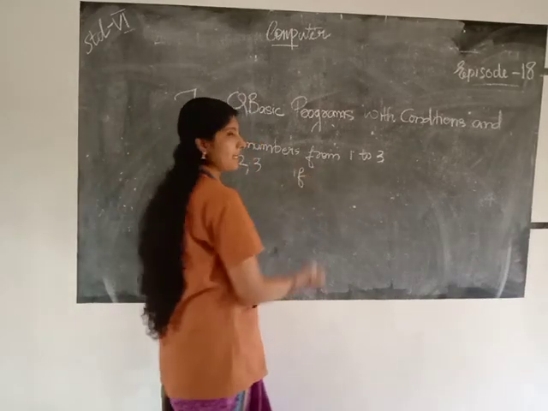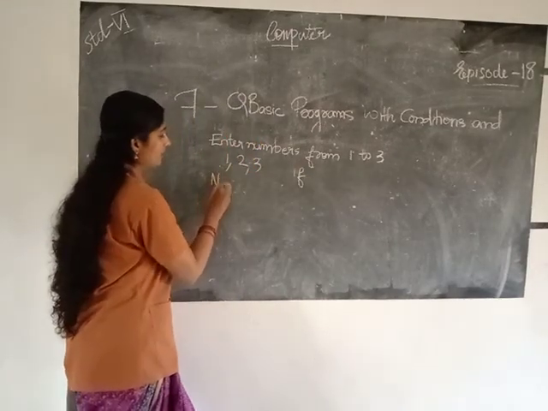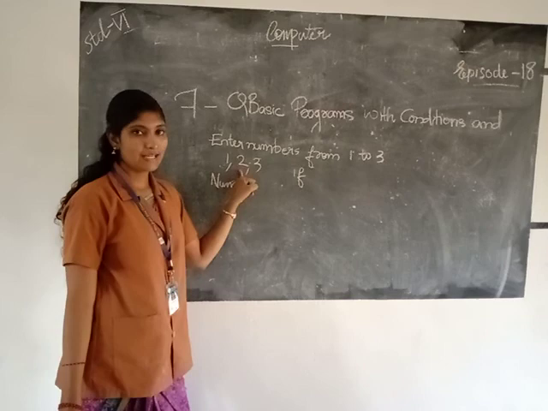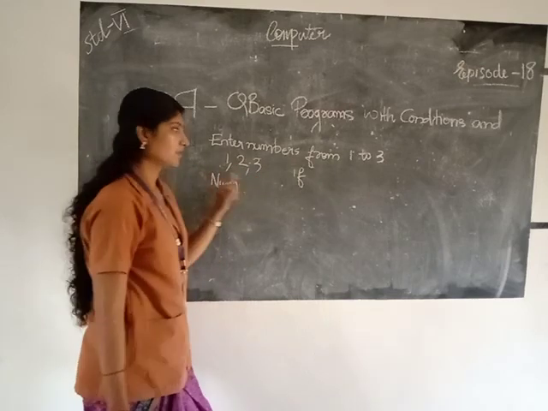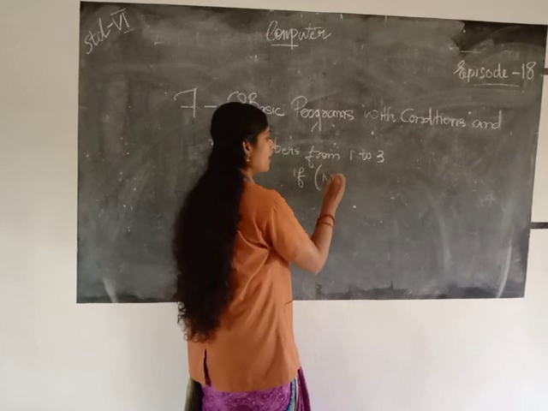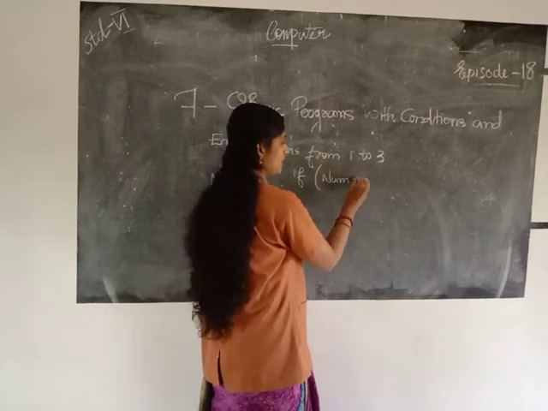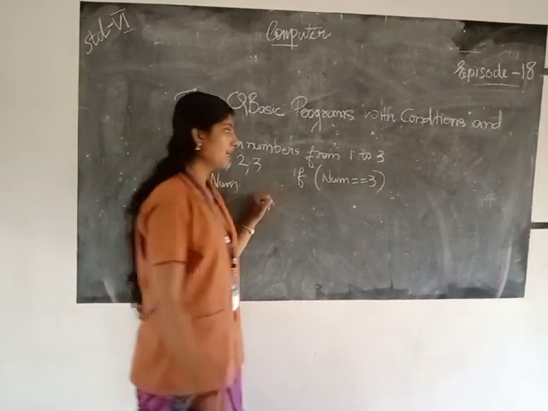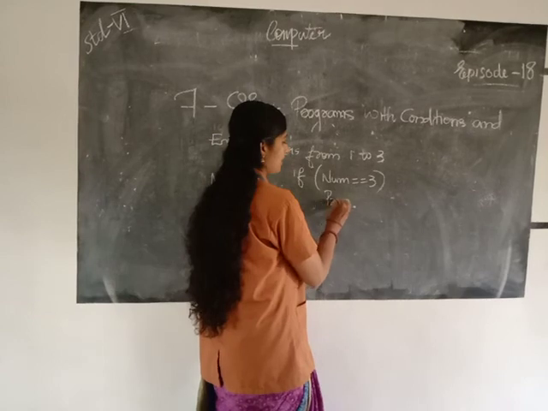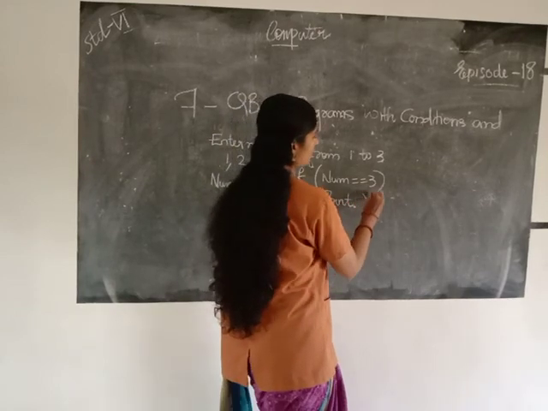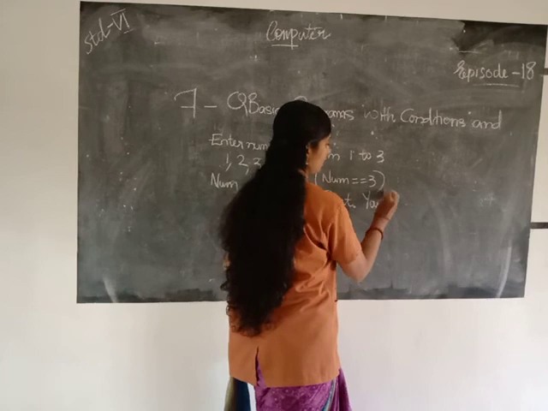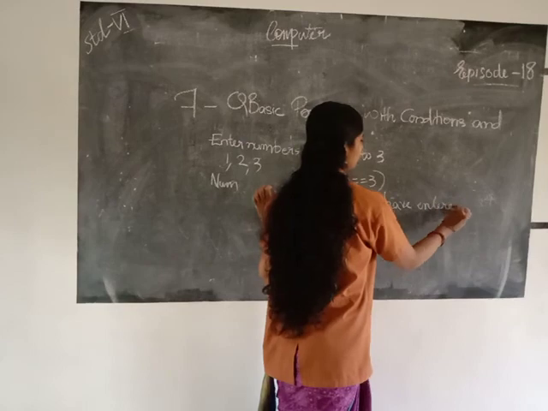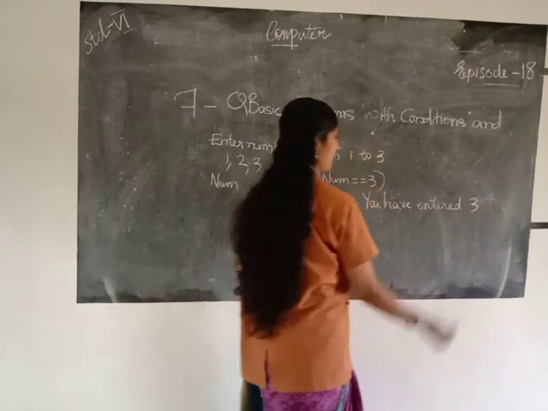So look here. There is a variable num, and this variable stores the value entered using the keyboard. So the condition, if num equal to 1, that means if you enter the number 1, then there is a print statement, print you have entered 1. Yes.